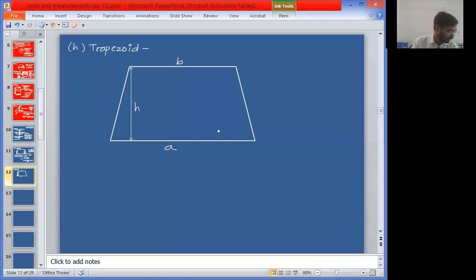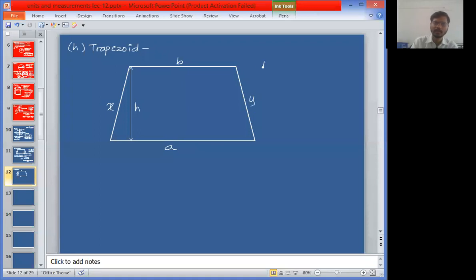Fine. Now, what will be the perimeter? Let's try to find out the perimeter. But to find the perimeter, we should know these side lengths, this side length and this side length. For time being, assume this side as x, this side as y.